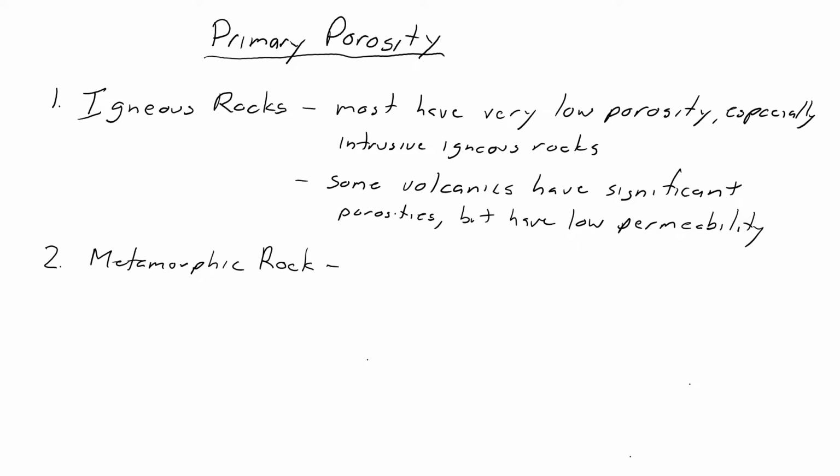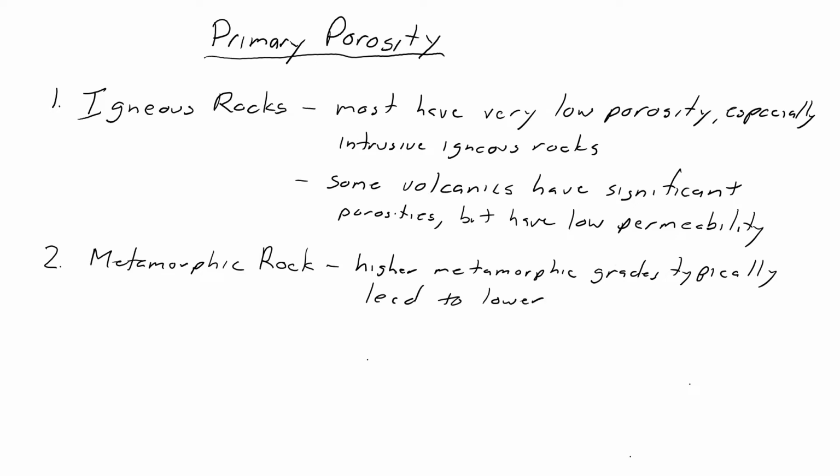And what we discussed is that the higher metamorphic grades, the ones that experienced more heat, more pressure, more fluids, tend to be the least porous because those factors tend to make grains grow and fill in the space that might be available for growth. So higher metamorphic grades typically lead to lower porosities.